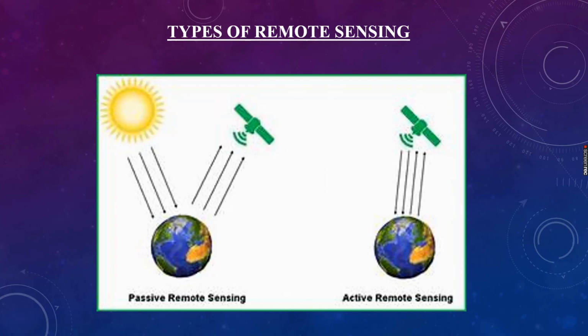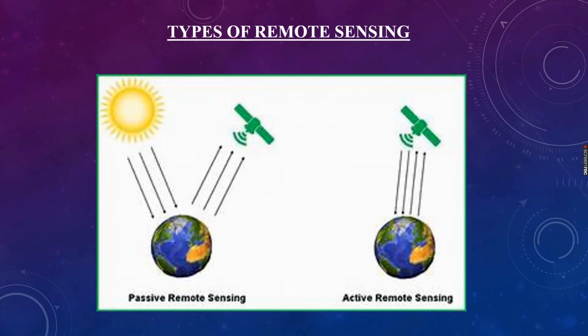As you can see in the figure, there are two figures showing passive remote sensing and active remote sensing. If you look closely at this figure, you will see that in passive remote sensing, there is a source of energy available, whereas that source of energy, or you can say source of illumination, is not present in active remote sensing, right?